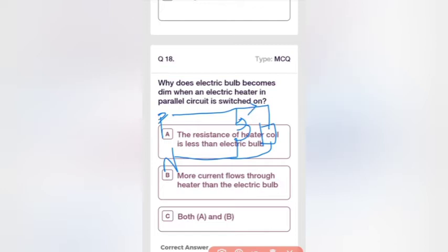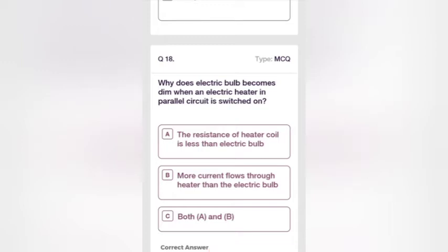So more current, see, this electric heater will have less resistance, therefore more current will flow through this electric heater. Here it has got high resistance, so less current will flow through this electric bulb. That's why it will be dim. The resistance of heater coil is less than the electric bulb. That is the correct answer. Option A is the correct answer.